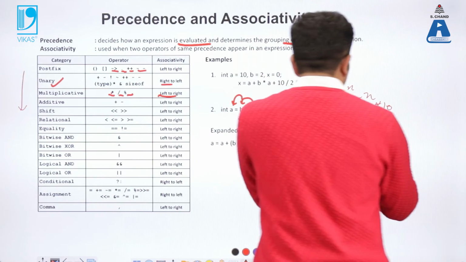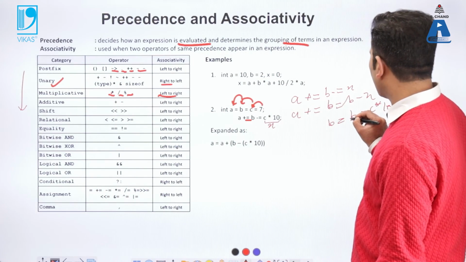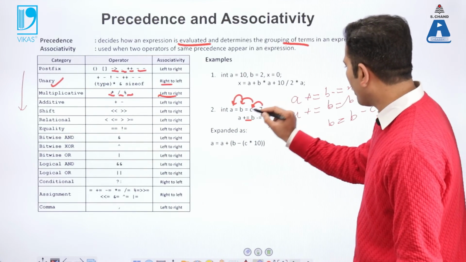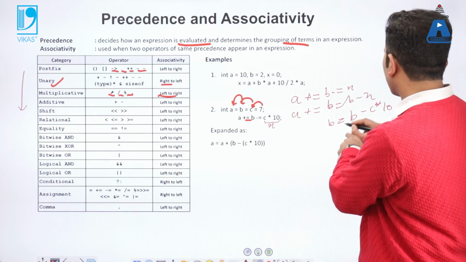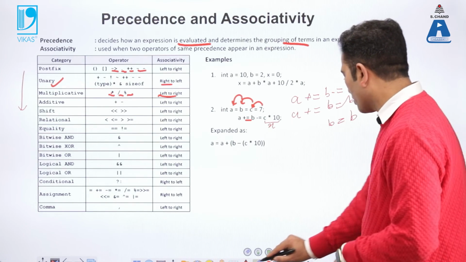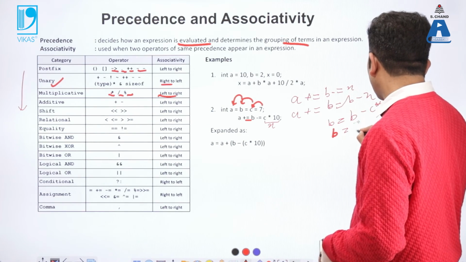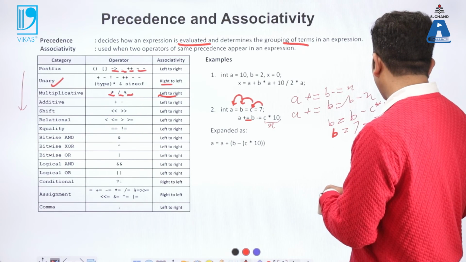When we solve this, the value of b will come. After solving this, b is 7, c is 7, a is 7. So 7 multiplied by 10 is 70, and b equal to 7 minus 70.